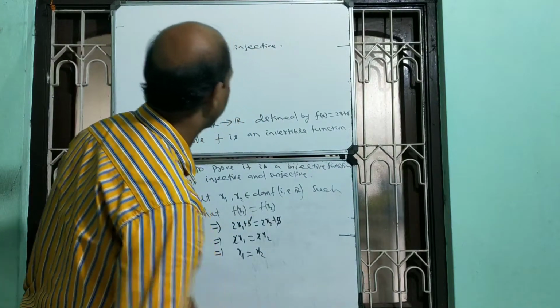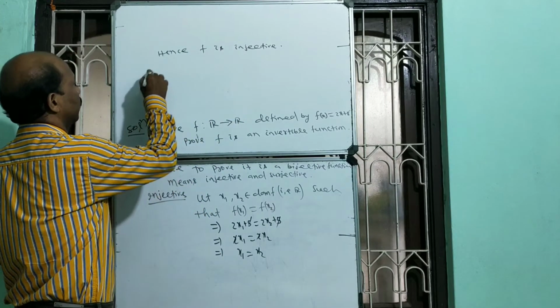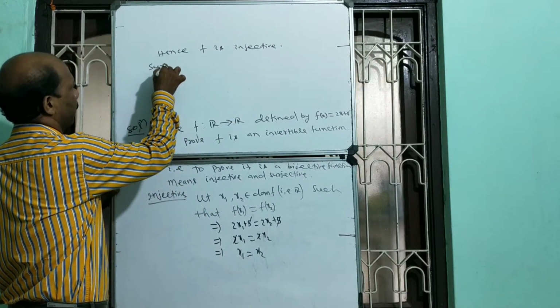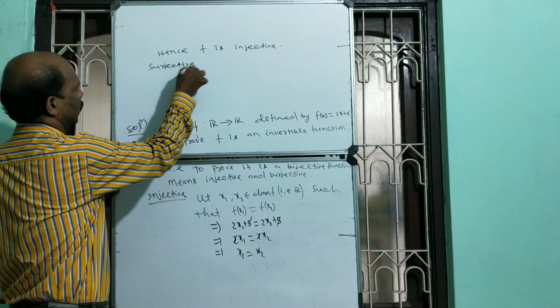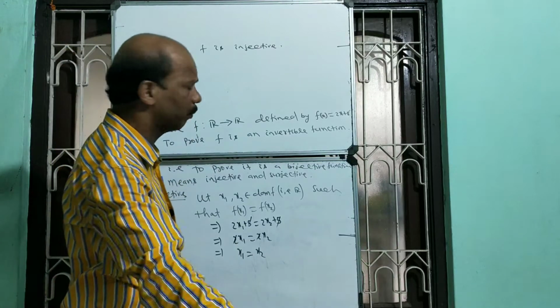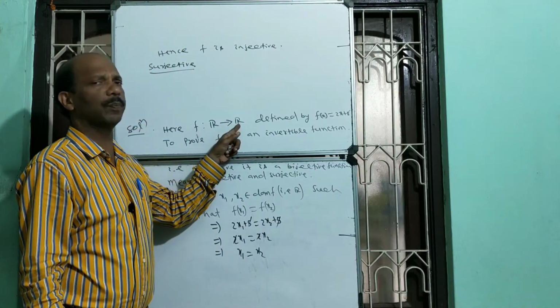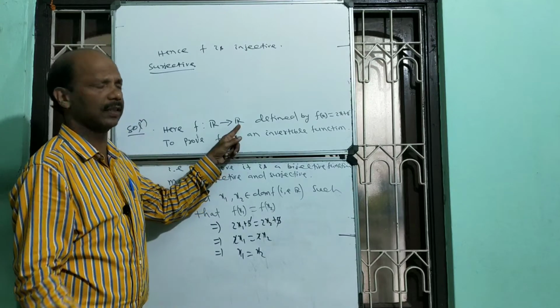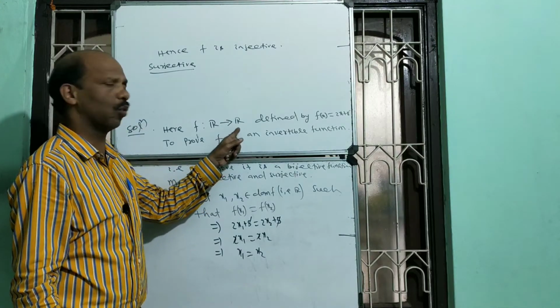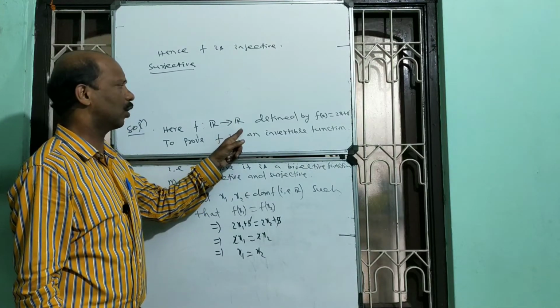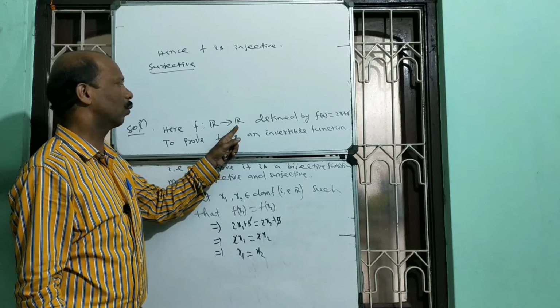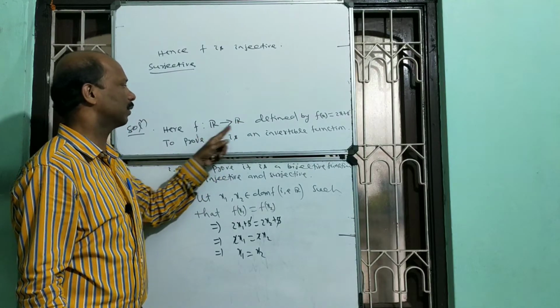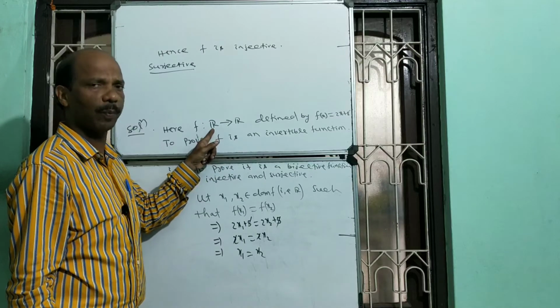Next, we have to prove that the function is surjective. For surjective, we have to show that the range of the function should be equal to its codomain. That means every element of the codomain will have a pre-image in the domain set.